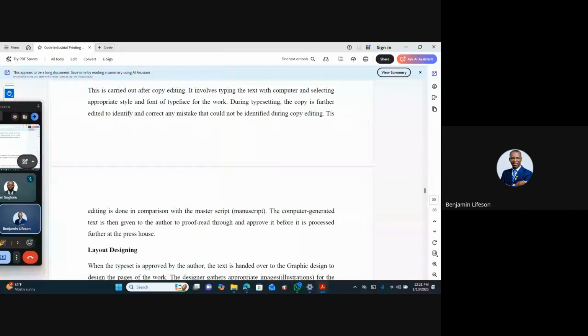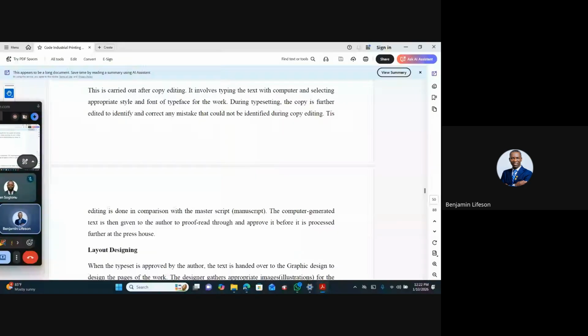So once the client comes to you, the client is not a professional. That is why he's bringing the work to you. So once the client comes to you and tells you, do this work for me, sit down with the client. So personally, I prefer one-on-one interaction. If a client comes to me, then we engage.